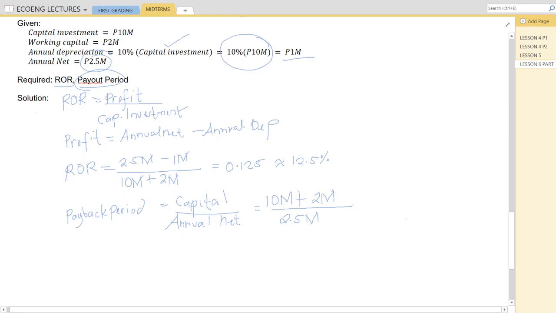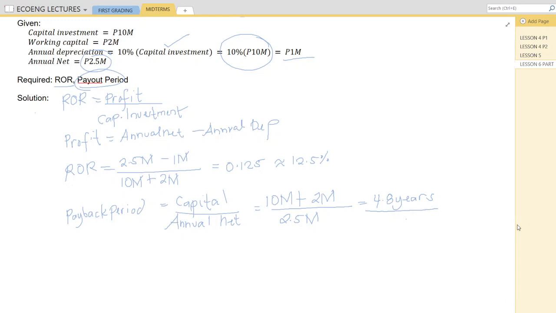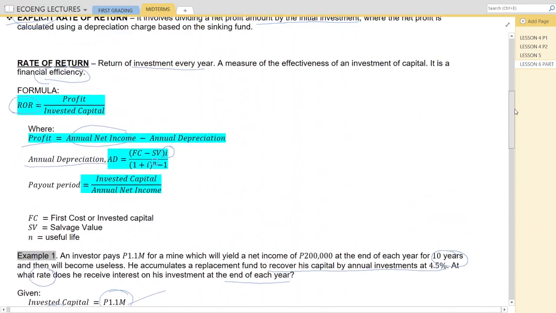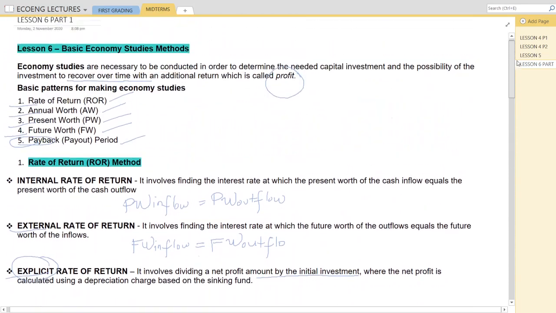This is in years, so that is equal to 4.8 years. This will be the time for payback, or the time to recover the cost of investment, after 4.8 years. So that ends our discussion on lesson 6, the rate of return.